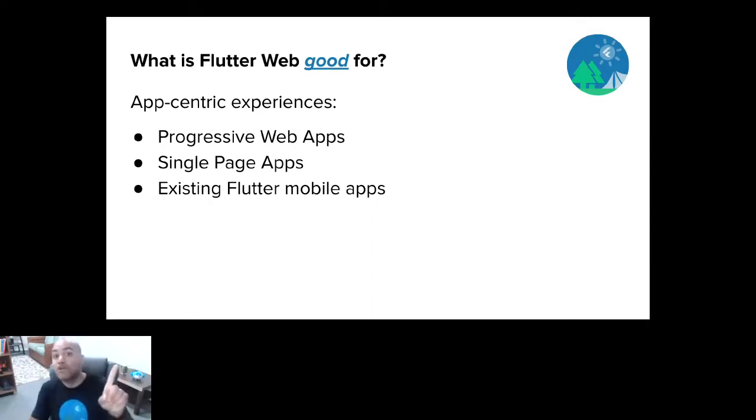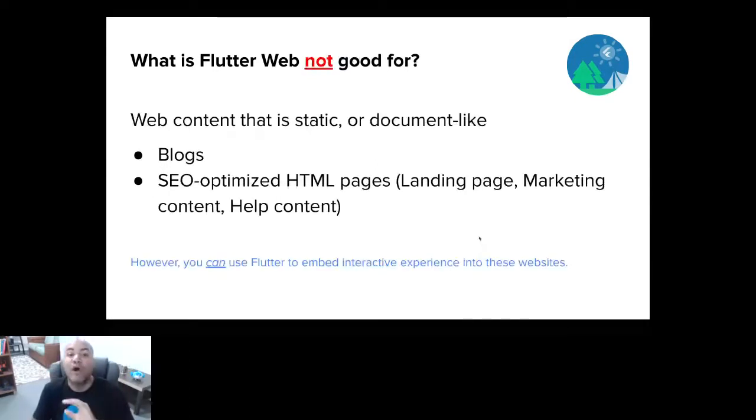So what is Flutter Web not good for? It's not good for pages that have a lot of text, a lot of content that is static, that doesn't move. For example, like Wikipedia or Craigslist or a blog. Is there a lot of content to consume?